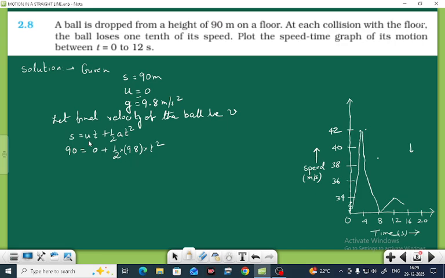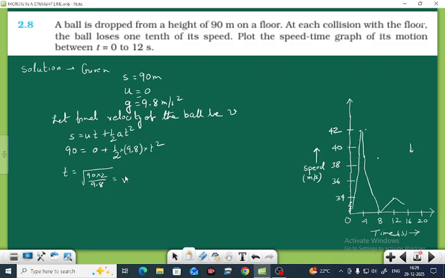Therefore we get half into 9.8 into t square equals 90, so t square is equal to 90 into 2 divided by 9.8.